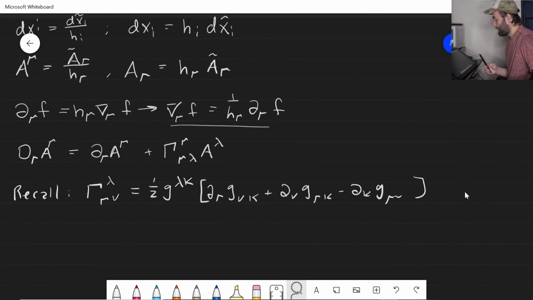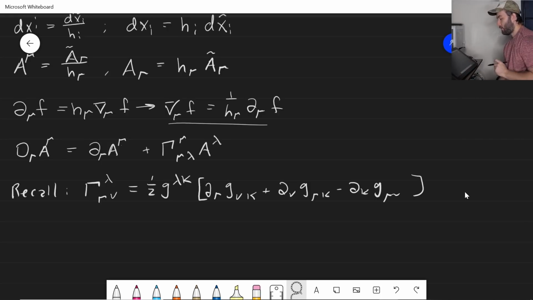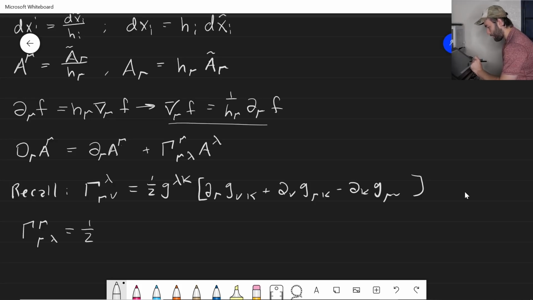And what we want to do is simplify this Gamma^mu_{mu lambda}. So then Gamma^mu_{mu lambda} would be equal to 1/2 g^{mu k}. So let's see. Up here we have a lambda, here we have a mu, so we're replacing this lambda with a mu.